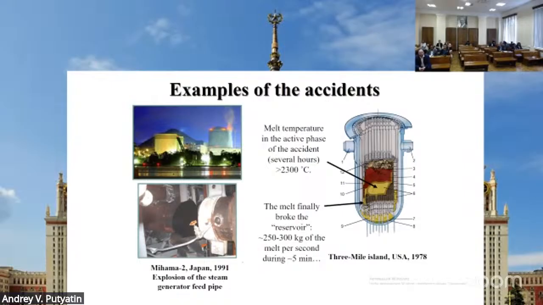One can estimate that approximately 200 to 300 kilograms of very hot uranium zirconium oxide in a molten state were going down every second for something like 5 minutes.